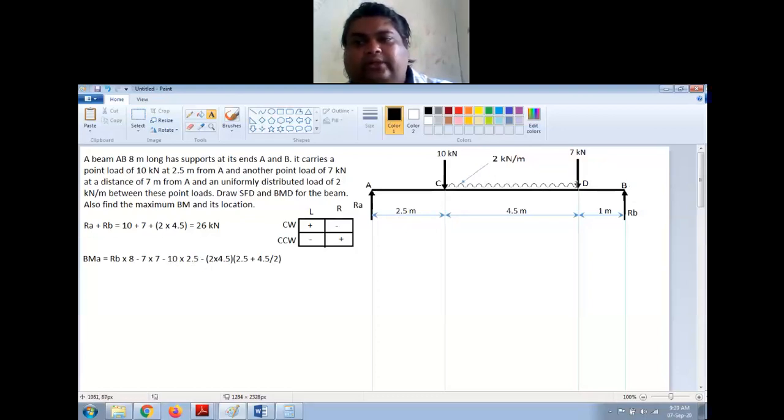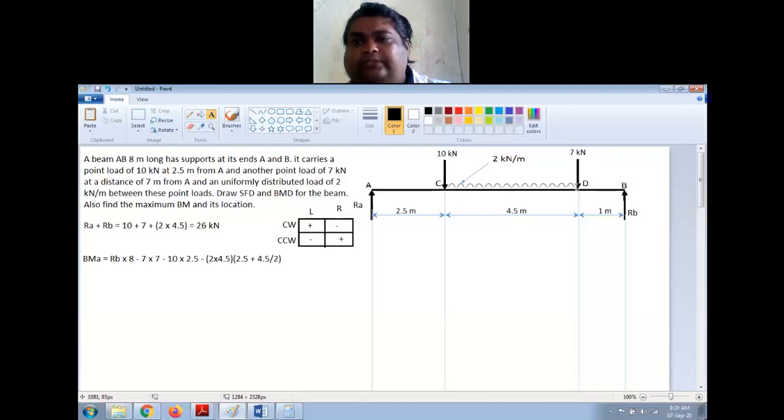Now we have the UDL. UDL is given as force per meter, right? To get the total force, I first multiplied the intensity with the length of UDL, 2 into 4.5. I'm assuming this total force to be acting at the midpoint of the UDL.